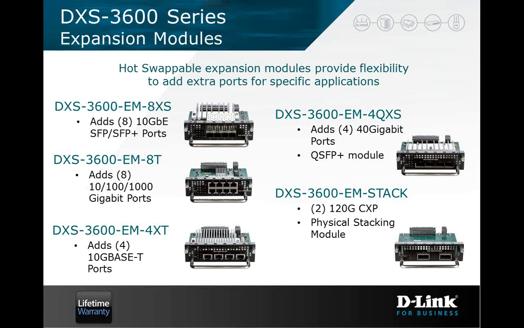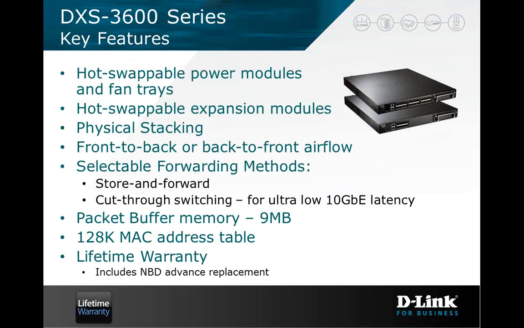So a lot of bandwidth, a lot of functionality on these switches, and I'm not going to go through all the bullets here because we covered most of them already, including the forwarding modes, store and forward, or cut-through switching. I will point out that all D-Link fully managed switches also come with a lifetime warranty. That lifetime warranty also includes next business day advanced replacement. So in the event of a warranty failure, D-Link sends air overnight a replacement switch.